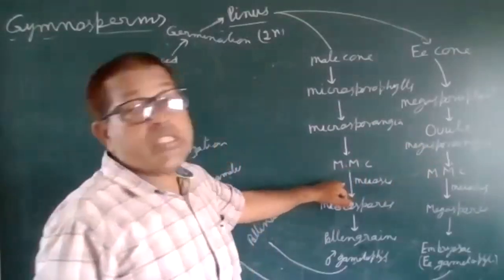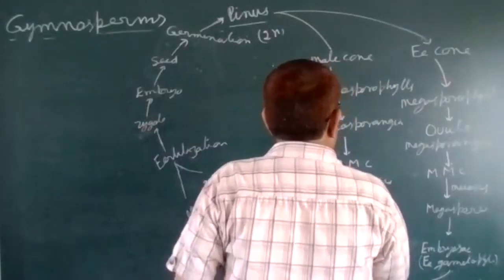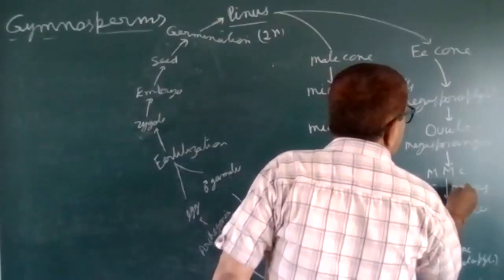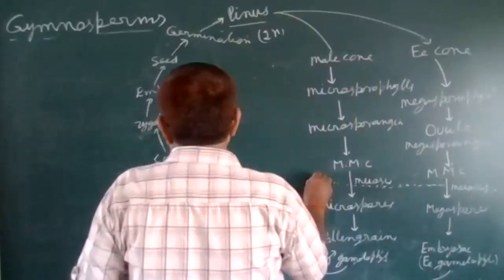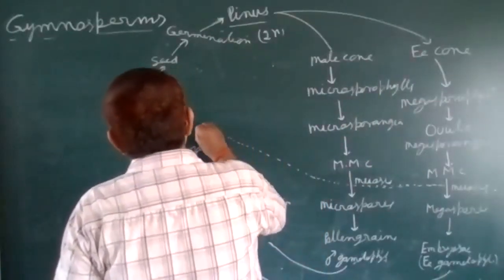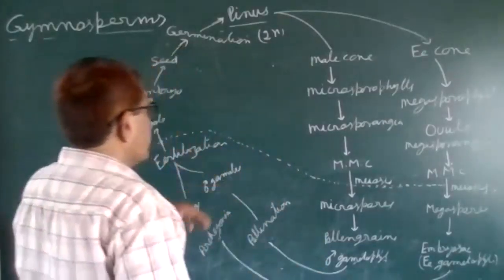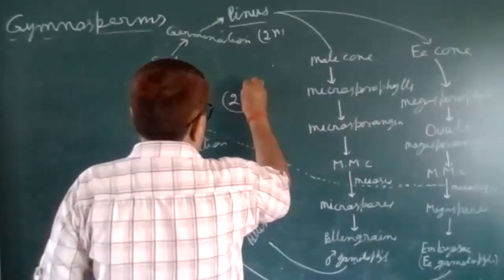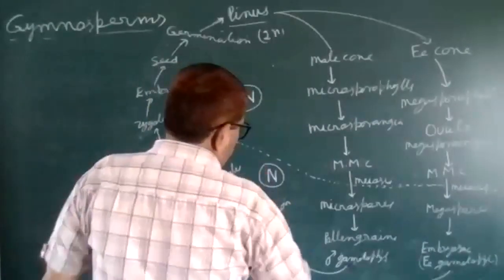Only after meiosis cell division, the rest of the structures are haploid, and after fertilization, the rest of the structures are developed. So up to here this is 2n, and here only n.